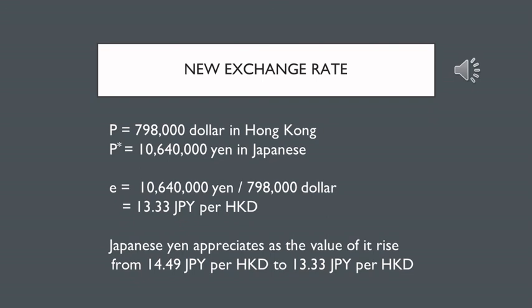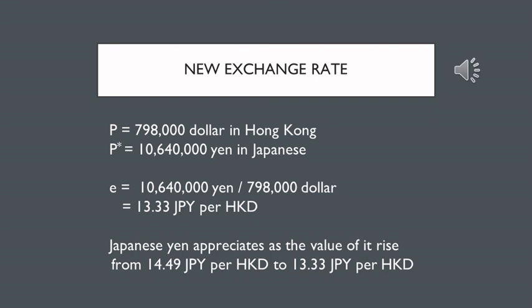Next, we'll calculate the new exchange rate. P is still equal to 798,000 Hong Kong dollars, but P star is not the same. We use the value calculated from the Japanese yen to Hong Kong dollar exchange rate on 9th March 2020, so the value is 10,640,000 Japanese yen.